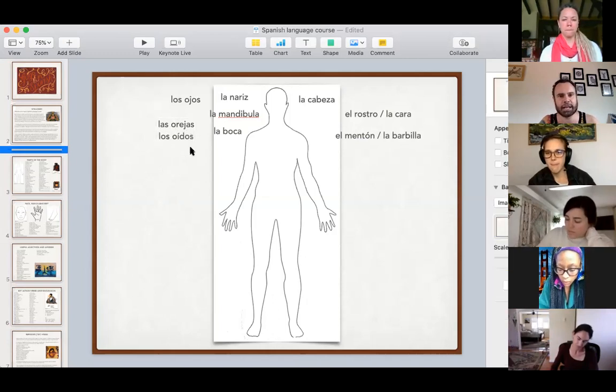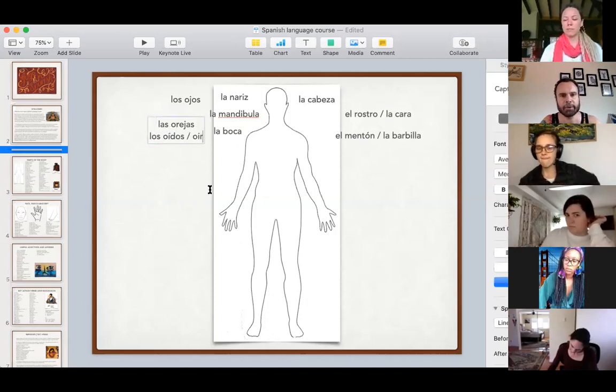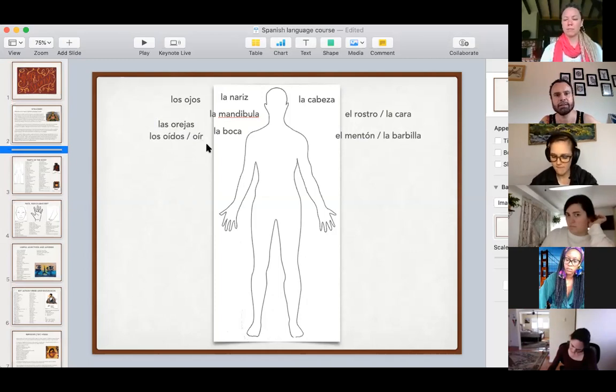There's a difference between la oreja and el oído. Can someone tell me what that difference is? I think oreja is the outside part of your ear, but oído is like your inner ear, your actual ear. Exactly. So oído is associated with the verb oír, and oír means to hear.